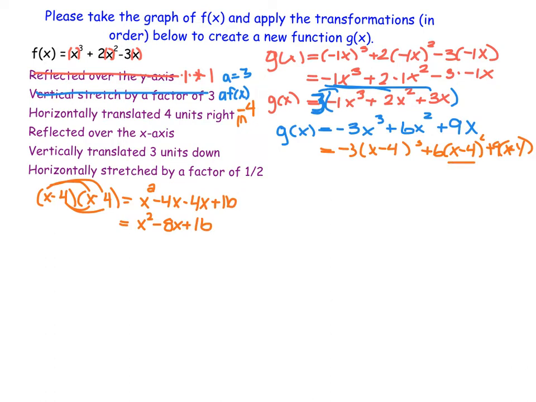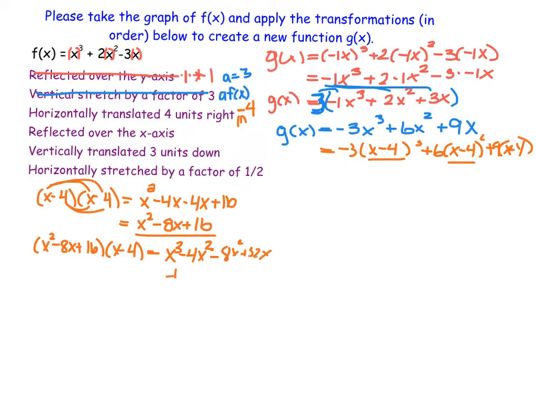And then I can take this piece right here, x squared minus 8x plus 16, and multiply it by x minus 4 one more time. That will give me what it's equal to here. So this piece would become x to the third minus 4x squared. Then we get minus 8x squared plus 32x.